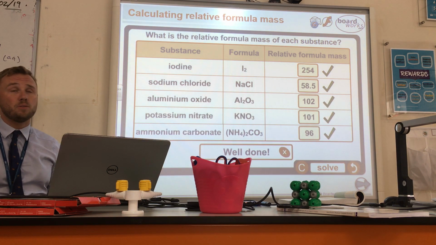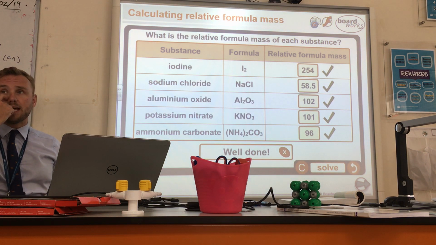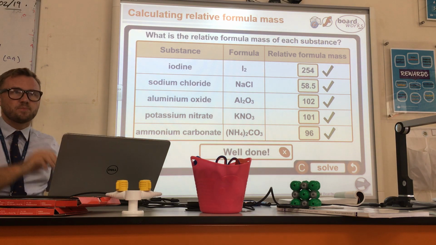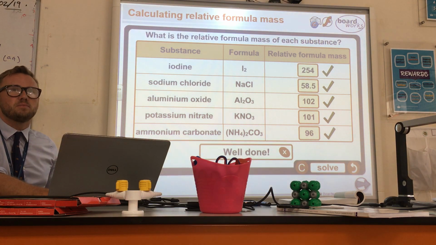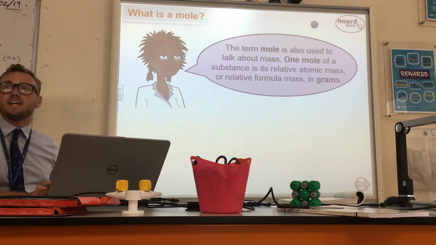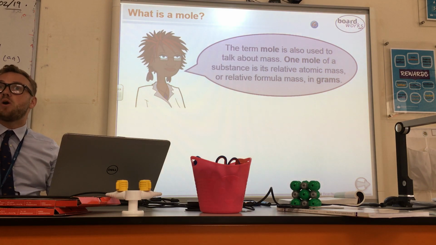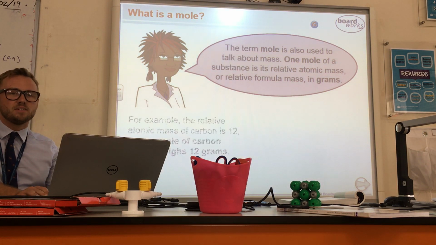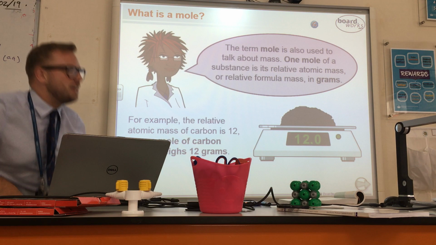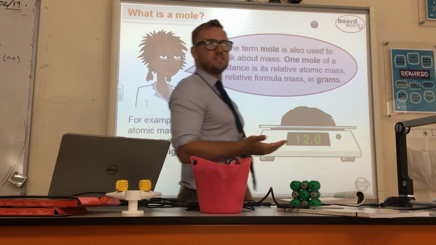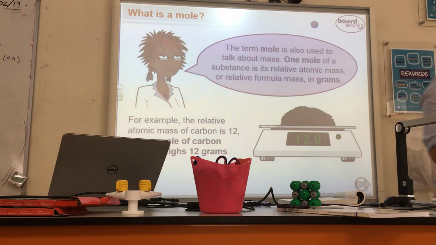Right, guys, listen up. One of them is 35, one of them is 37. Right, how many people have come across the term mole before? I hate moles. A mole, basically, is the mass of 12 grams of carbon.